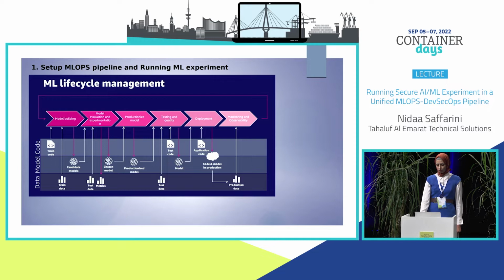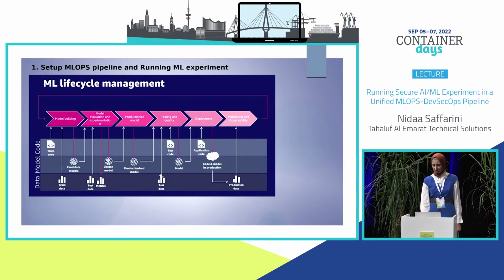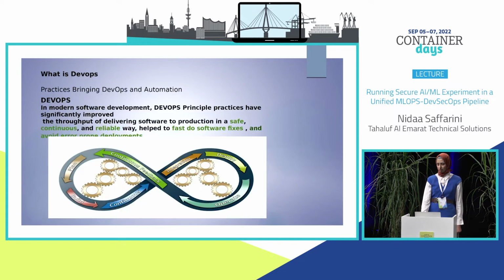If we take the layered view of the ML life cycle, we have the data, the model, the code, the pipeline, and the infrastructure. And we have ML challenges, which let the machine learning and infrastructure systems become one team working together.